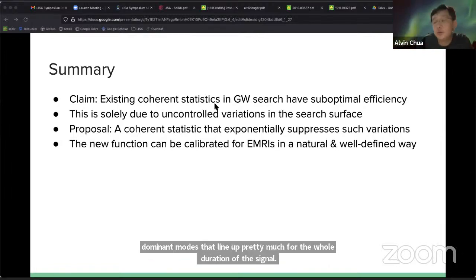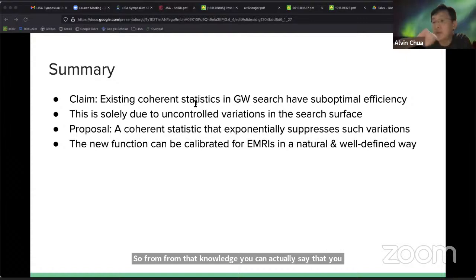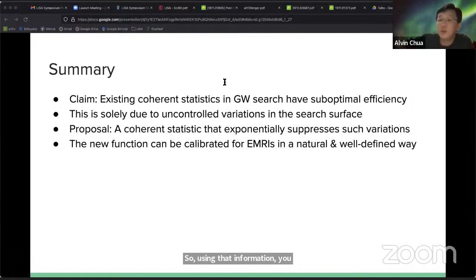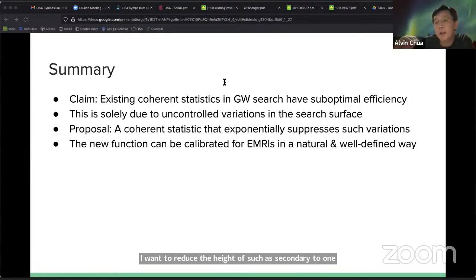From that knowledge, for any given template in the space, you can calculate roughly what the overlap will be with another template that matches just the dominant mode. Using that information, you can then say, I want to reduce the height of such a secondary to 1, and that's done throughout the space. That's essentially how the calibration is done for EMRIs.